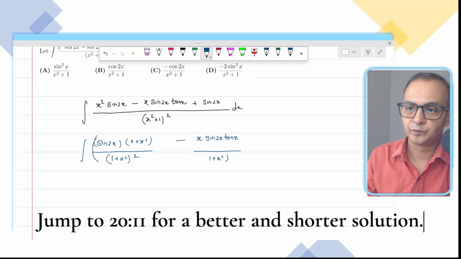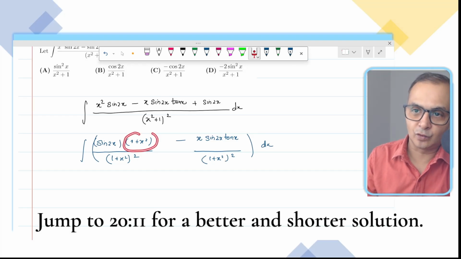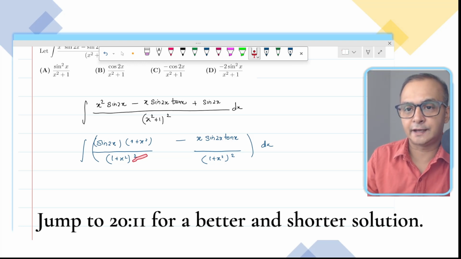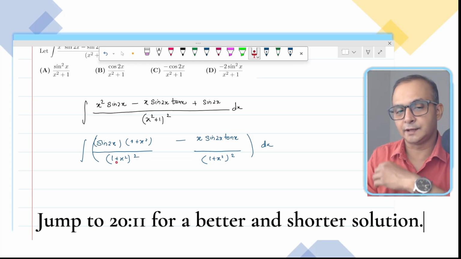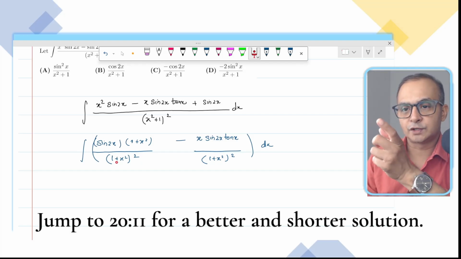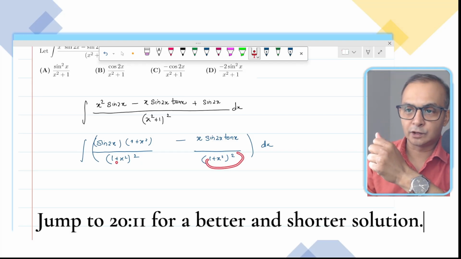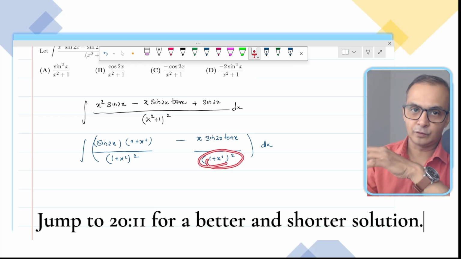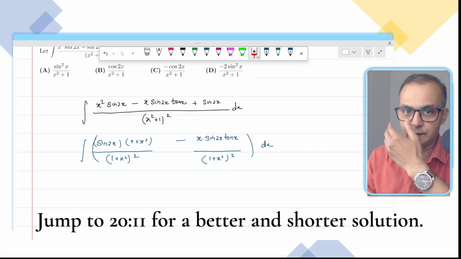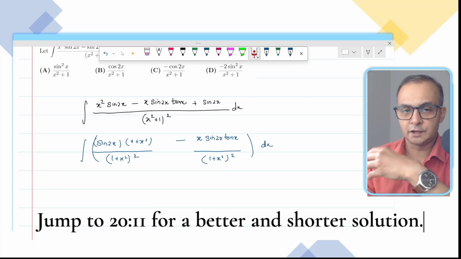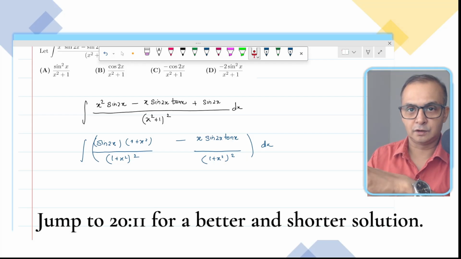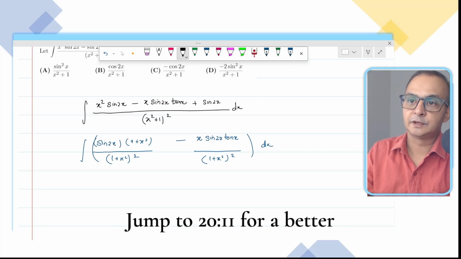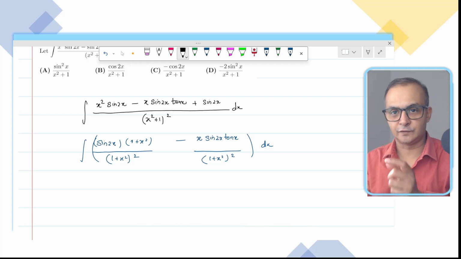If I take it this way, one factor of 1 plus x squared will cancel, and we may hope that if I take sine 2x by 1 plus x squared and apply integration by parts, in the process the whole square of 1 plus x squared will come when we differentiate the 1 by 1 plus x squared, because the denominator gets a higher power when I differentiate any denominator, means 1 by x kind of a structure.